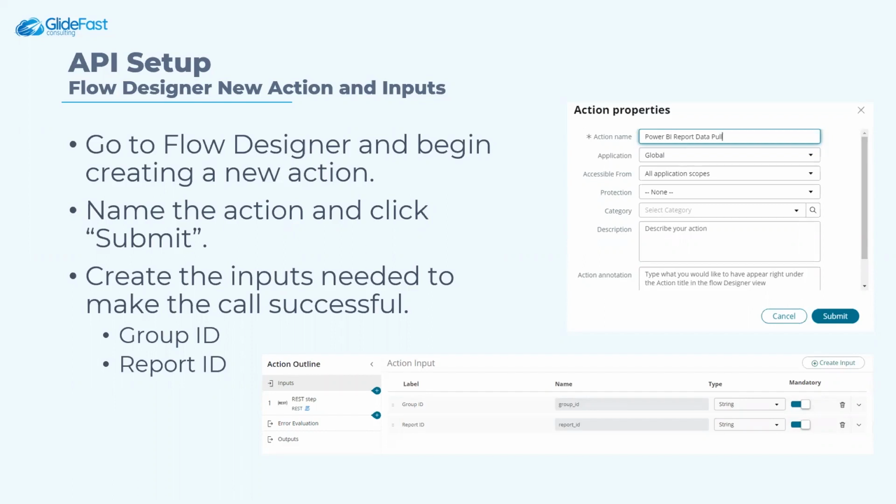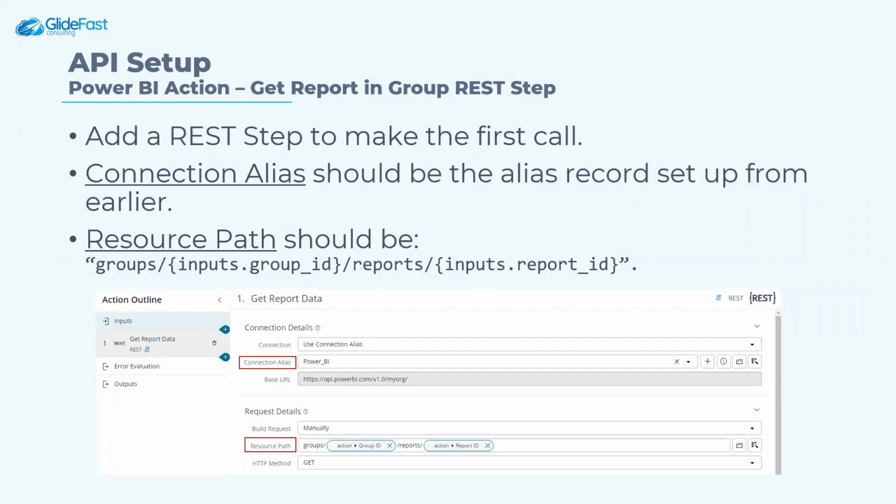That should be established from the prereqs from earlier. And then the report ID is whichever report we need. So the first step is to make the first get call. And so we need to set the connection alias, which we established from earlier, and then set the resource path to groups / and then whatever the group ID is / reports, and then / whatever the report ID is.